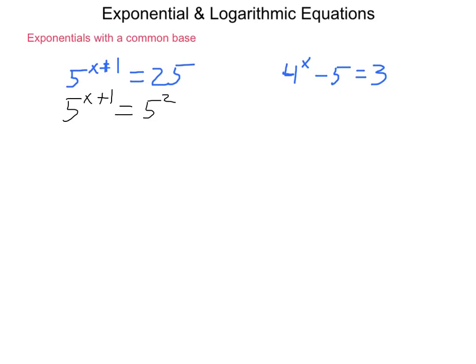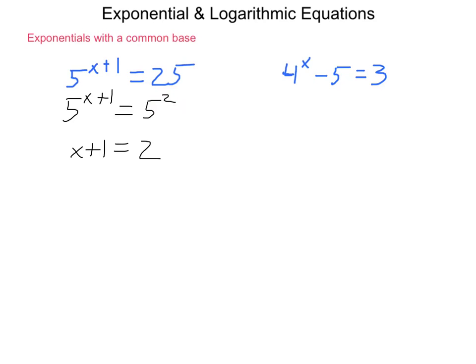Now, with our bases the same, in order for these numbers to be equal, the exponents have to be equal, which tells us that x plus 1, my exponent on the left, has to be equal to 2, my exponent on the right.